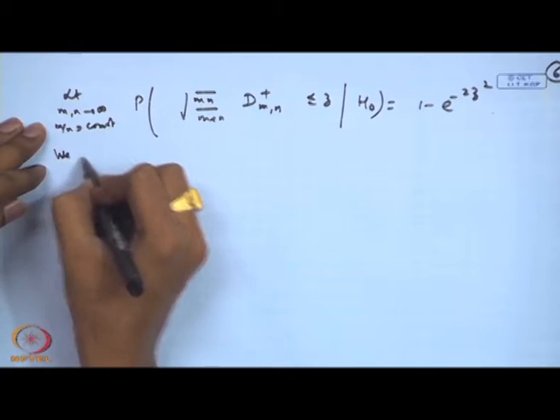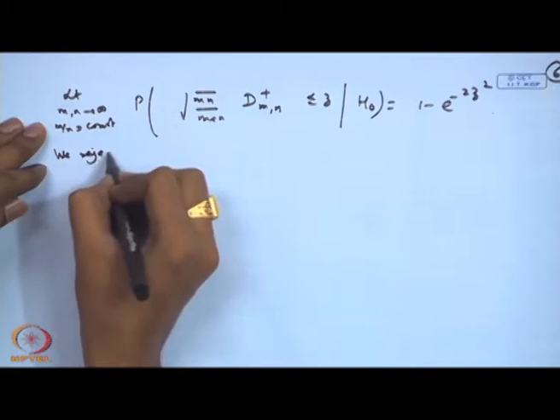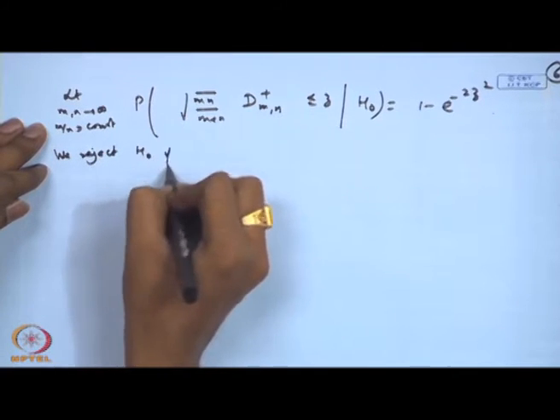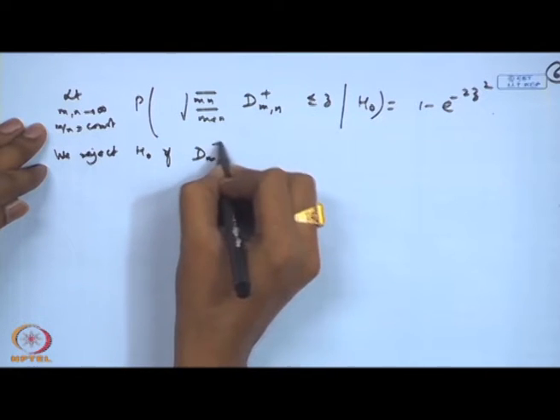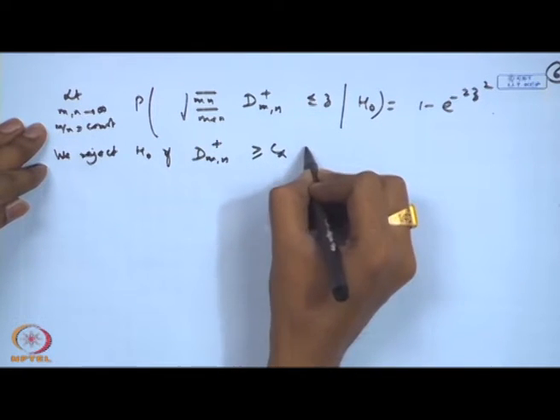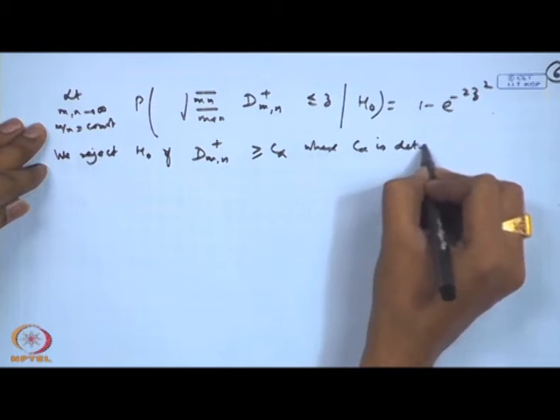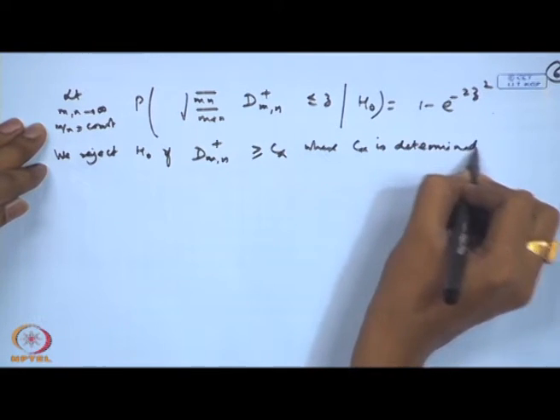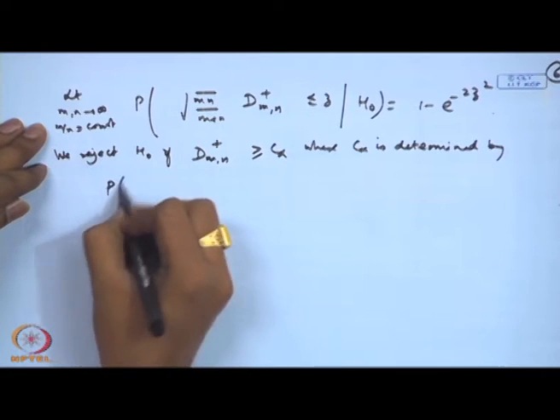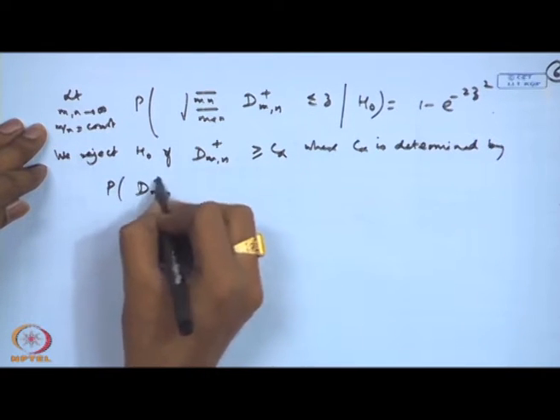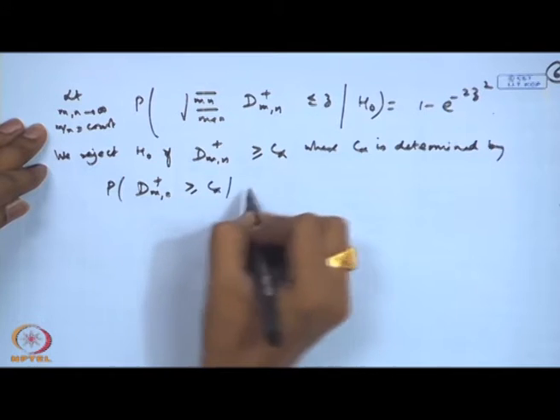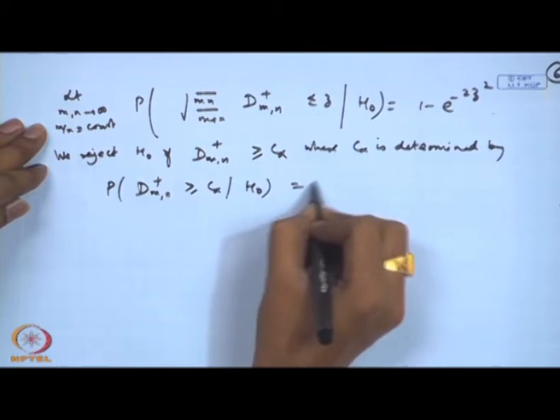We reject if D_mn plus is greater than or equal to c alpha, where c alpha is determined by the probability of D_mn plus greater than or equal to c alpha under H0 being equal to alpha.